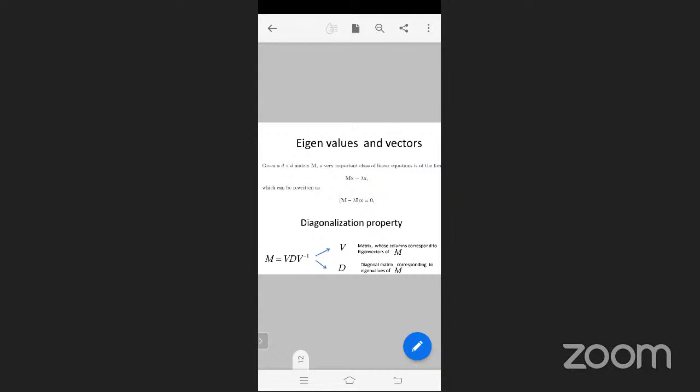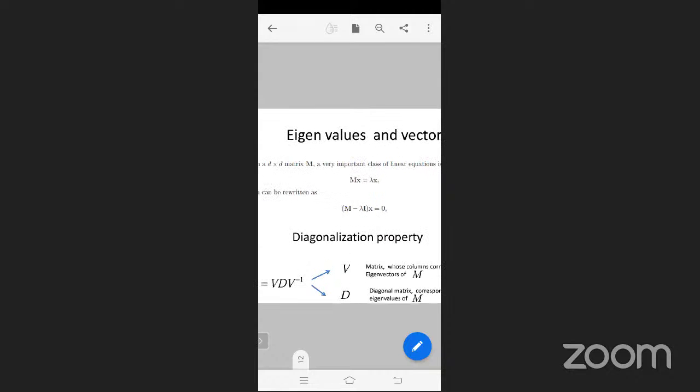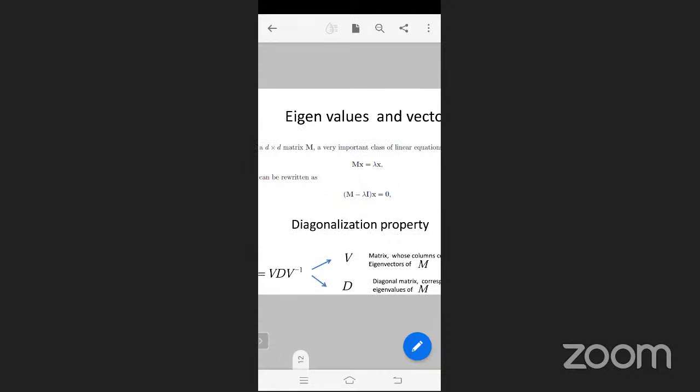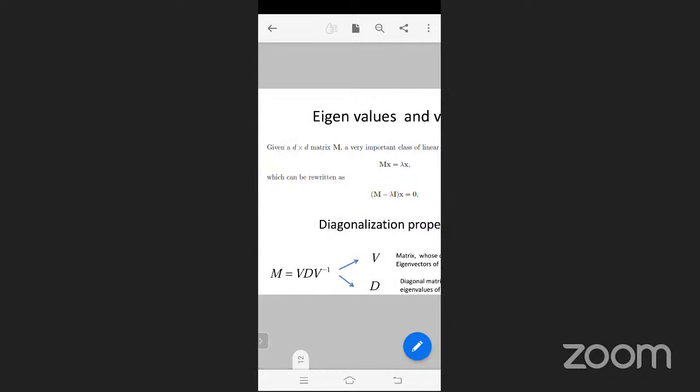Most of you are familiar with eigenvalues and eigenvectors, so I don't need to explain it. It is applicable for a square matrix, and a square matrix with full rank will have m eigenvalues and corresponding m eigenvectors, which can be used to diagonalize the matrix as shown.